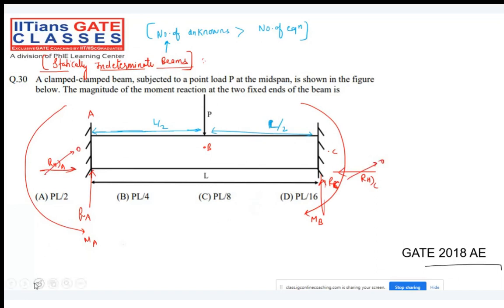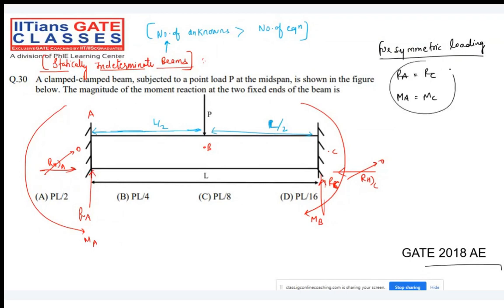So what are the next tasks we have to do? The next thing that we have to calculate is the bending moment. We have to calculate the moment reactions, right? And we have to calculate the support reactions, the vertical reactions. For symmetric loading, we know that RA is equal to RC, and the moment at A point will be equal to the moment at C point.